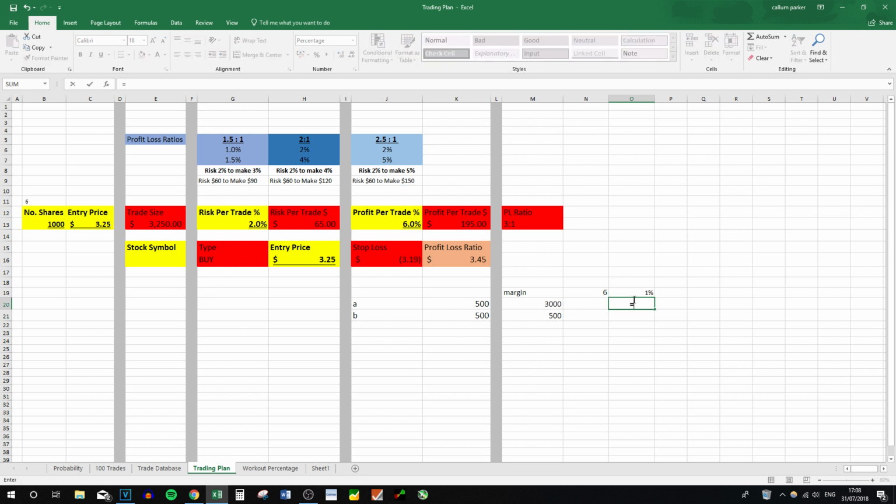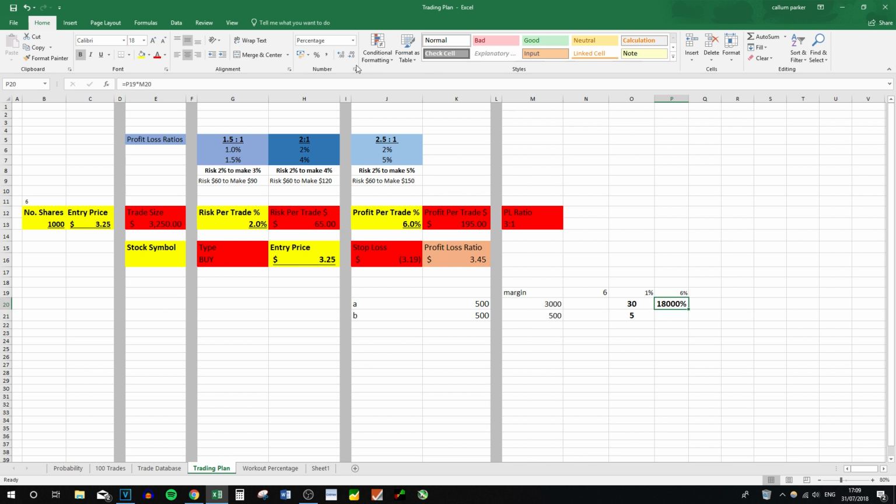So 1% of $3,000 is $30. Now let's do the same in general, 1% times 500. So this is the difference. Using margin, if this is 6%, it equals 3,000. I'm just going to show you because this will make it a lot easier.